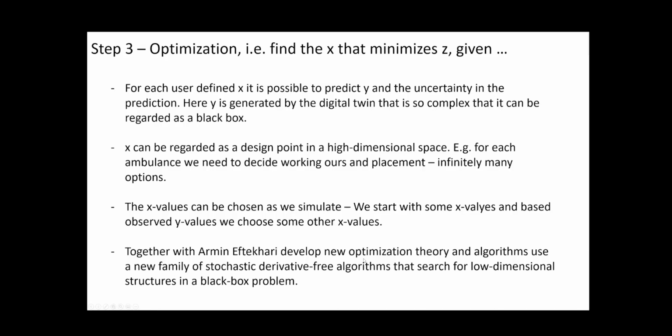Together with Armin, we have developed a new optimization theory where we use stochastic derivative-free algorithms that search for a low-dimensional structure for black box problems. And I think this technique, together with this modeling, can actually be applied on a lot of problems.